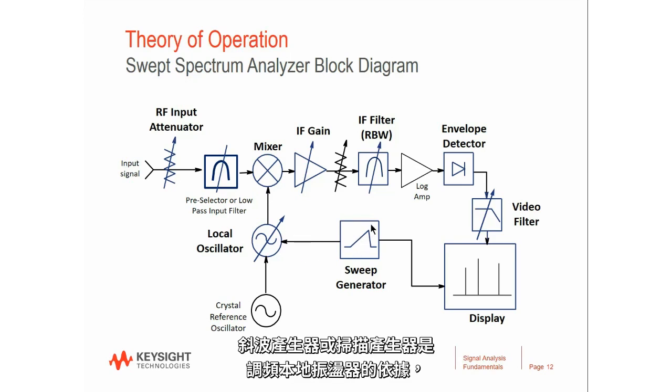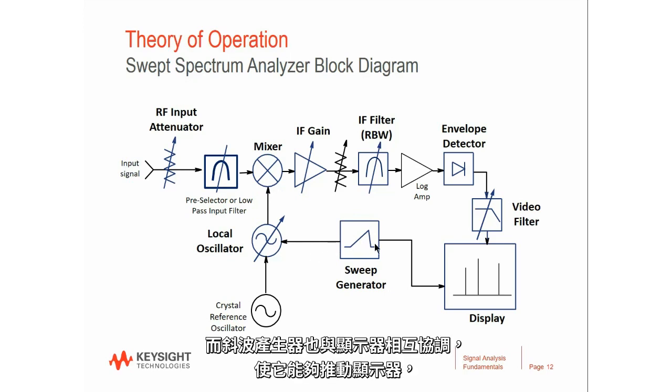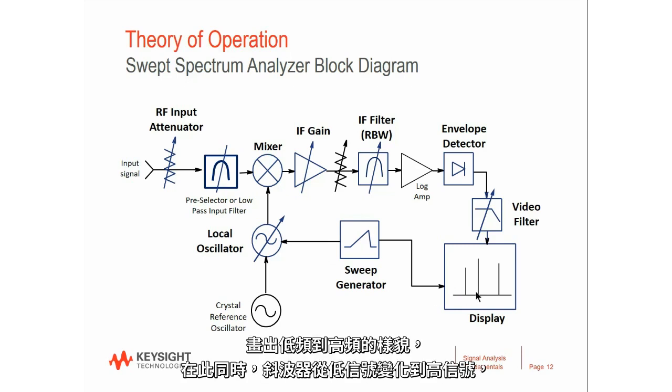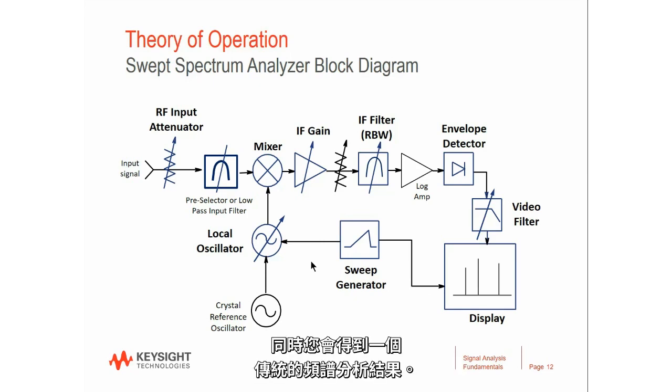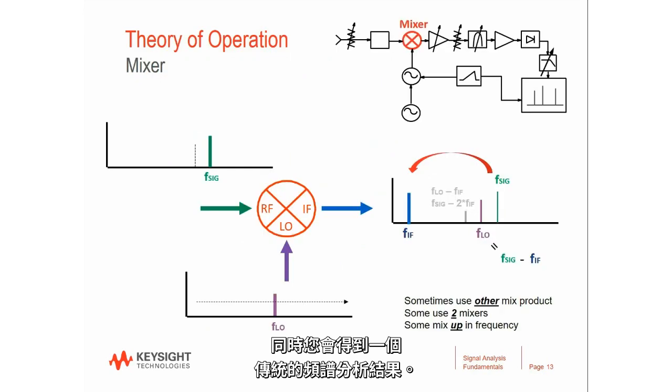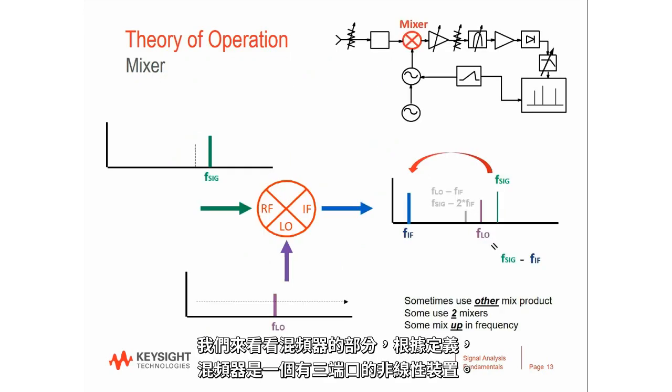The ramp generator or sweep generator is what tunes that local oscillator, and that ramp generator also is coordinated with the display so that it pushes the display to paint the display at low frequencies to high frequencies as the ramp changes from low to high signal and the local oscillator moves from low frequencies to high frequencies. And together you get a traditional spectrum analyzer display. So let's zoom in on the mixer.